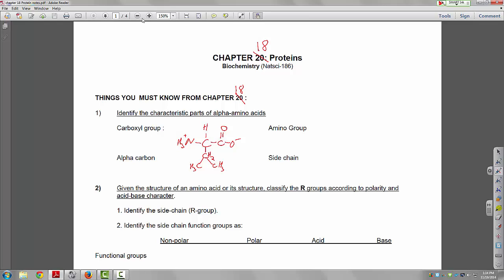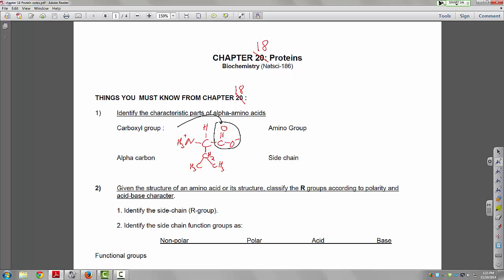The carboxyl group, because it's an acid, at physiological pH is ionized, so it will be the carboxylate, not the free acid, but the carboxylate with the -1 charge.